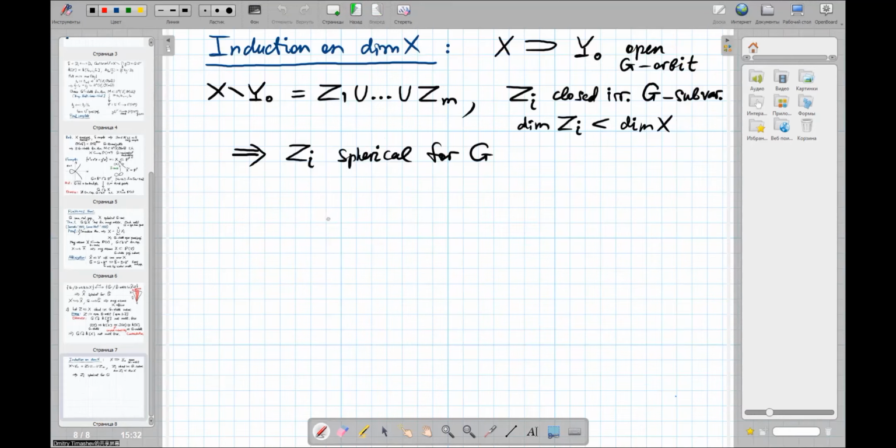And now, since it has smaller dimension, by the induction assumption we can claim that G acts on each of these Zi's with finitely many orbits.